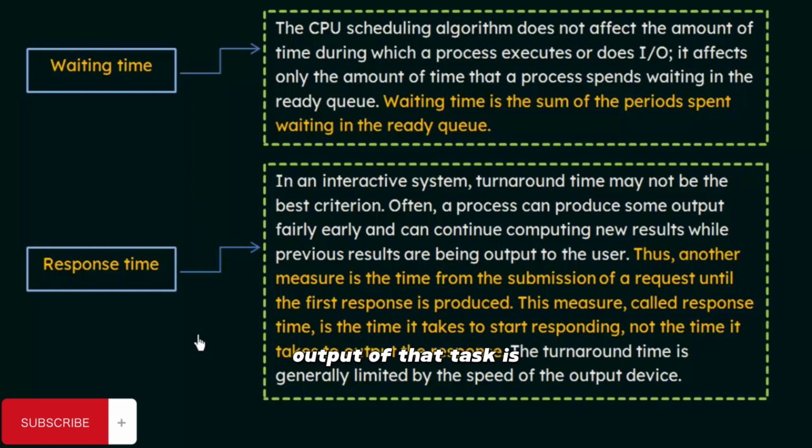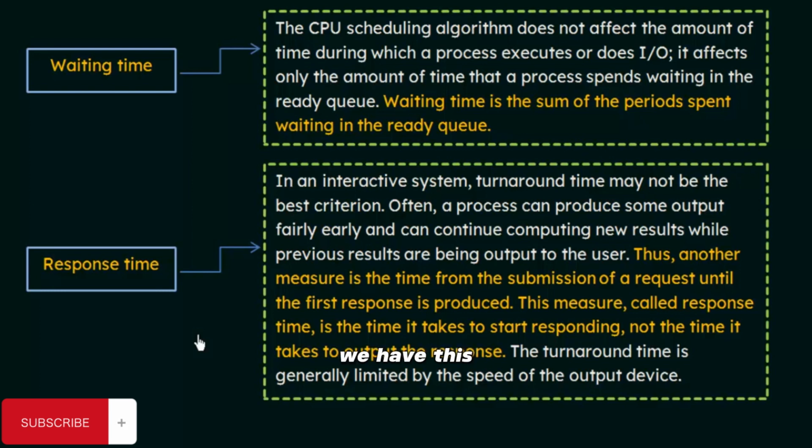While the output of that task is given to the user, the process could already be doing some other new task. So in this kind of interactive and fast system, the turnaround time may not be a very good criterion to judge the efficiency of an algorithm.